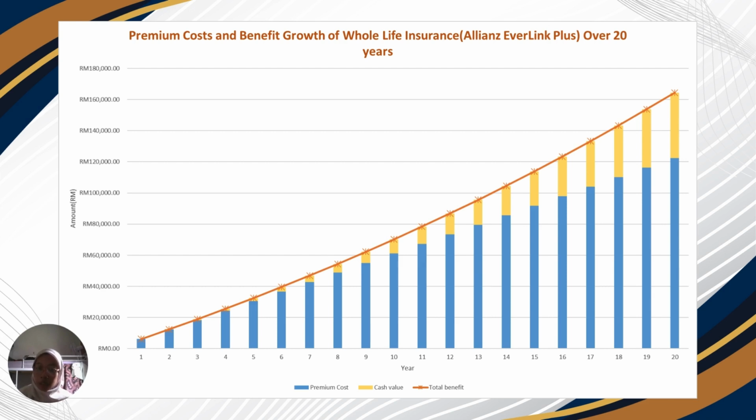So over time, the total benefit grows at a faster rate compared to the premium cost and cash value due to the increasing value of the insurance protection. By the end of 20 years, the total benefit significantly surpasses the total premium paid. This graph emphasizes the dual nature of a whole life insurance policy, which is providing insurance protection and investment or savings growth.